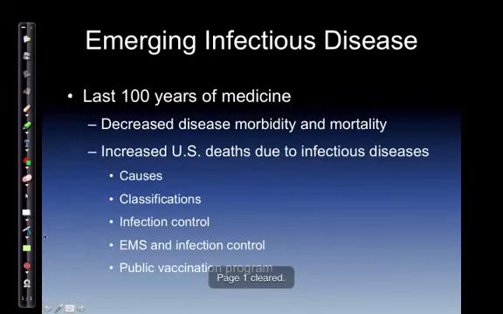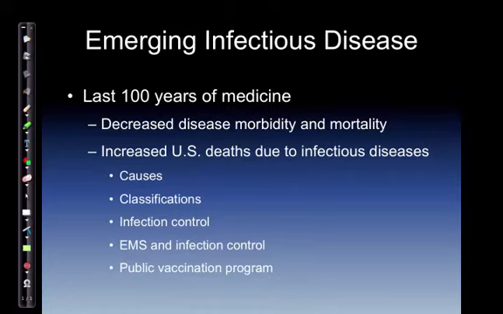Emerging infectious diseases. The last 100 years of medicine decreased disease, morbidity, and mortality. Causes of this decreased morbidity and mortality are improved sanitation, vaccines, antibiotics, and improvements in medical detection and treatment.